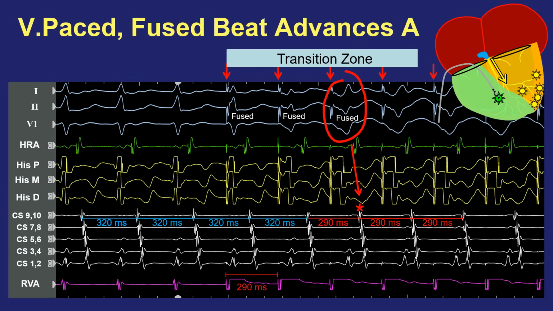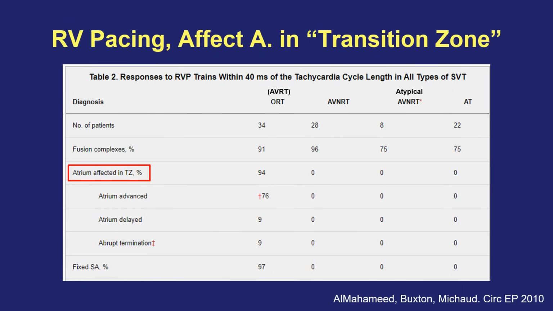So let's review the manuscript and what it teaches us. This was published in 2010, and they looked at RV pacing and how it affects atrial timing during this transition zone. The beats that were fused, plus the first beat that is no longer fused, were included in that transition zone. Look how powerful this observation is.